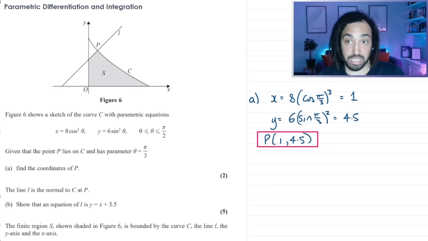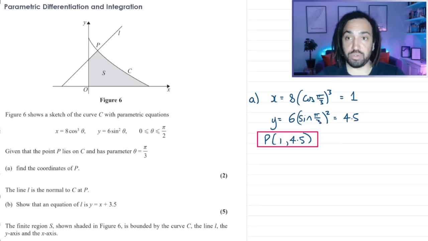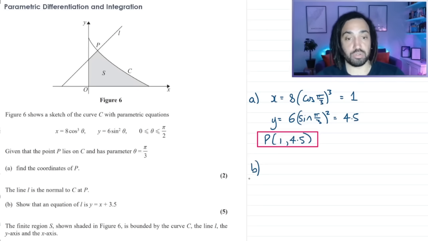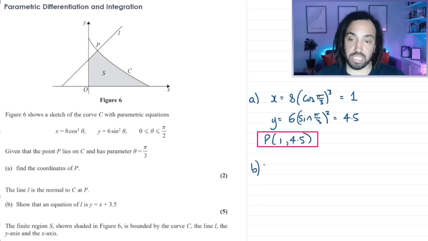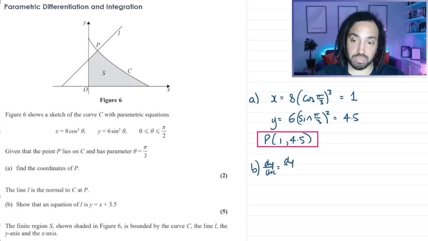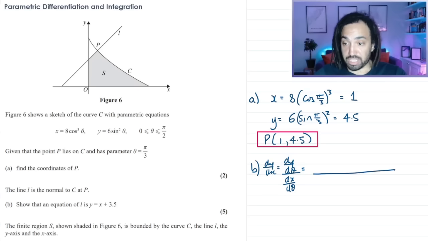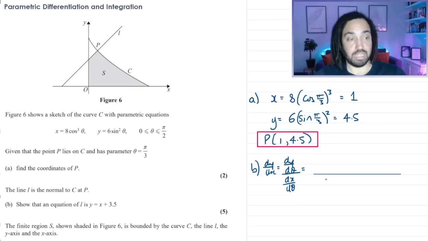Okay, now part B is asking us to work out the normal to the parametric curve. So in order for us to do that, we're going to need the derivative. So dy by dx is the same as dy by d theta over dx by d theta, which means you basically differentiate the y and then you differentiate the x and you put one over the other.